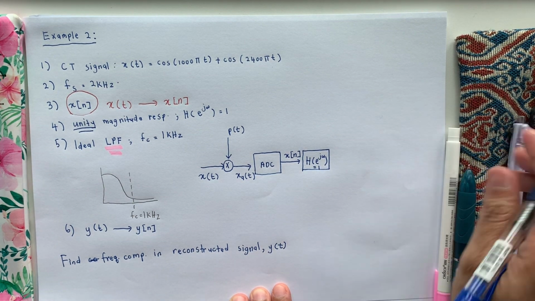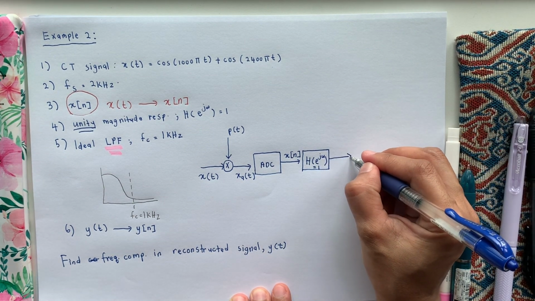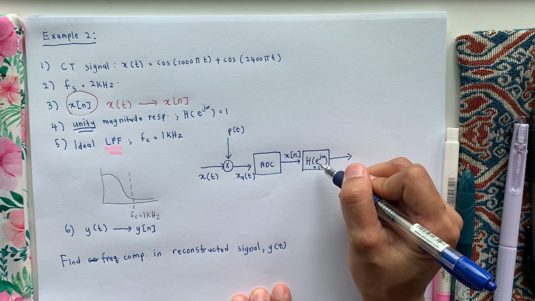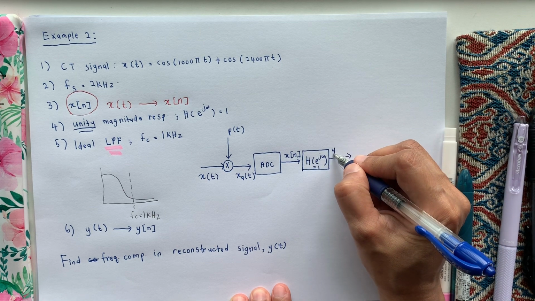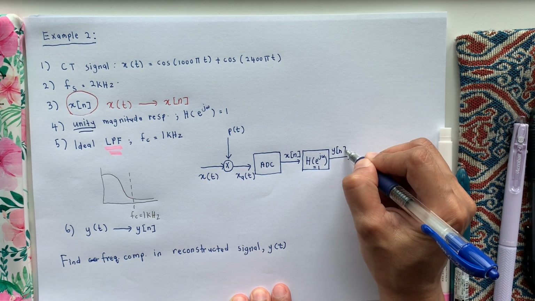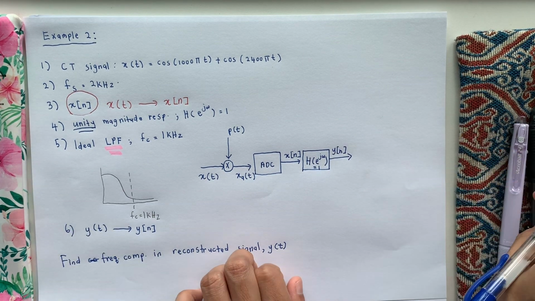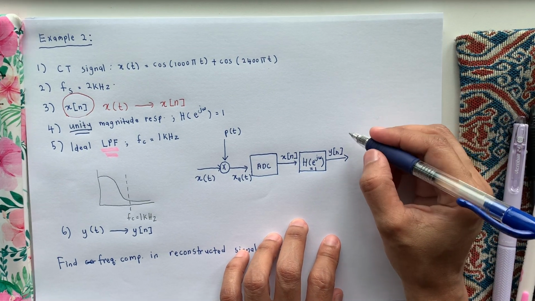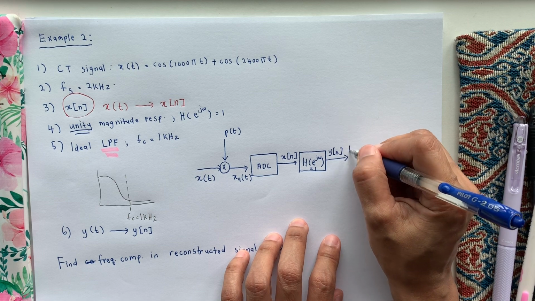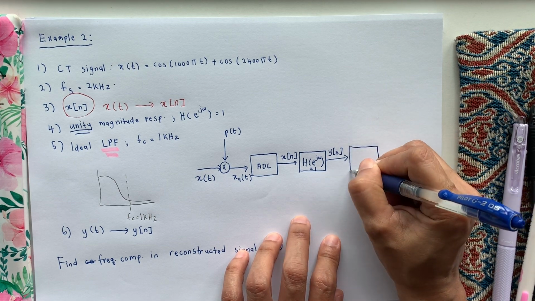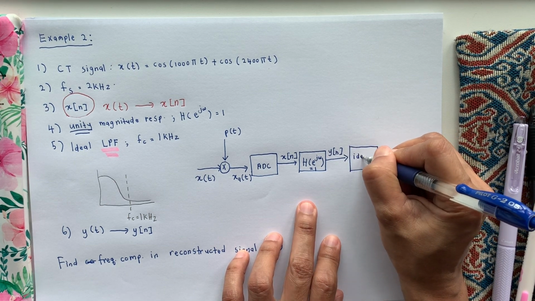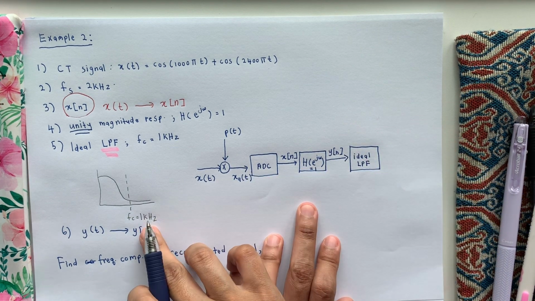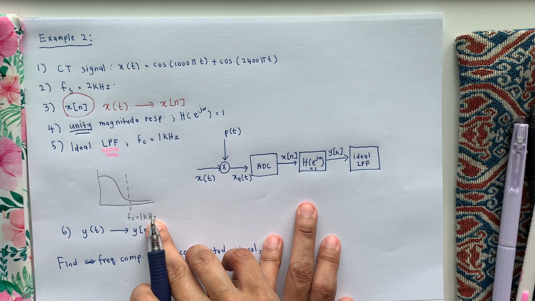So basically, from Sn and H, you can get Yn. After that, we have an ideal low pass filter with FC equal to 1 kilohertz, which again produces Yn after the low pass filter.